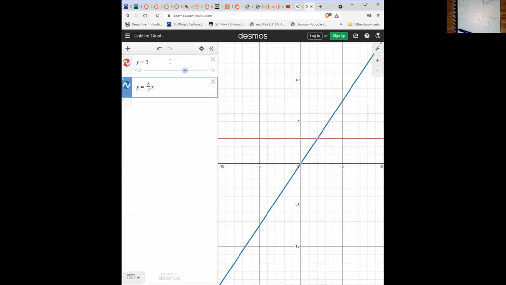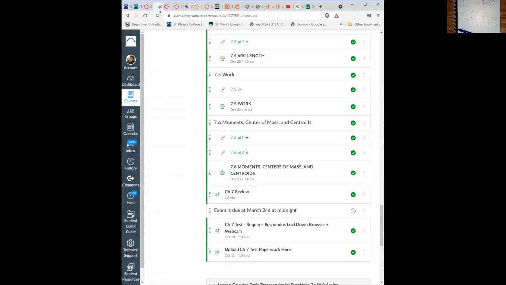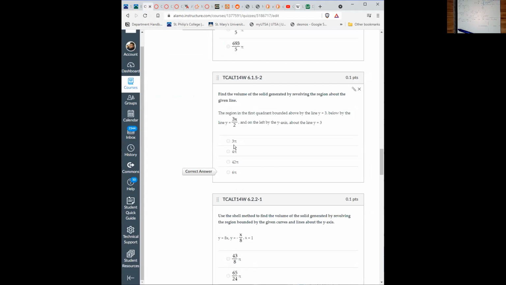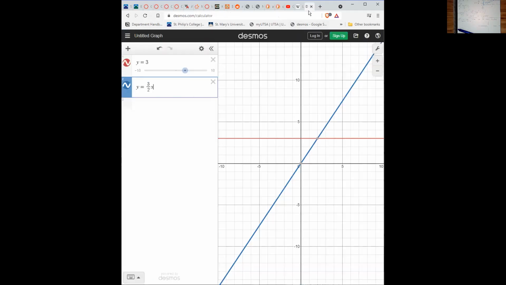I think. Where did I put that thing? Yeah, 3/2 x. So there's another triangle, it looks like.